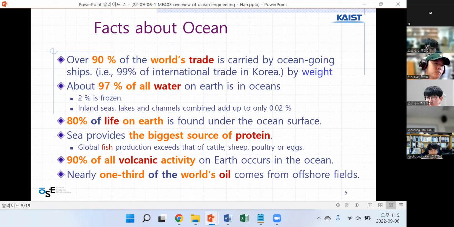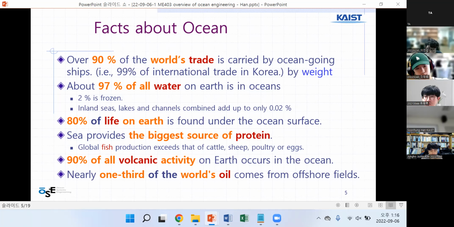Water, 2% is frozen. Inland is very small water. Life on Earth, 80%. Protein for humans is coming from the sea; fish production exceeds that of cattle, sheep, poultry, eggs.